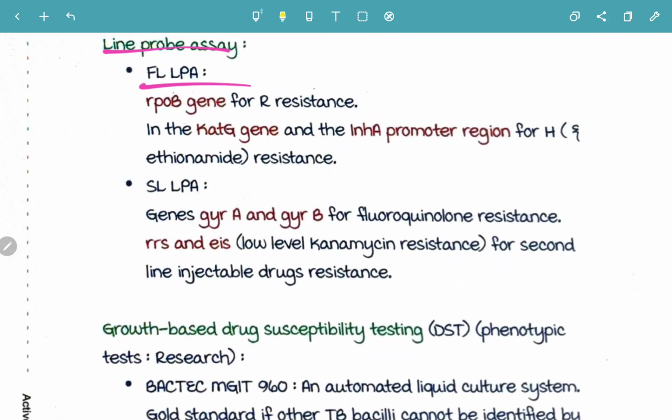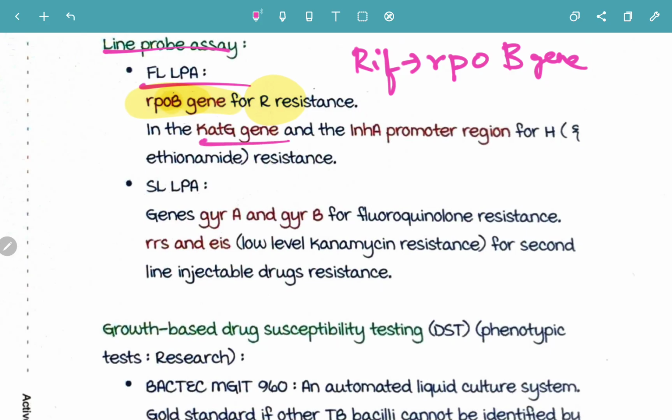So what is the resistance gene for rifampicin resistance? The gene is the rpoB gene. Remember, for rifampicin resistance, the gene is going to be the rpoB gene.